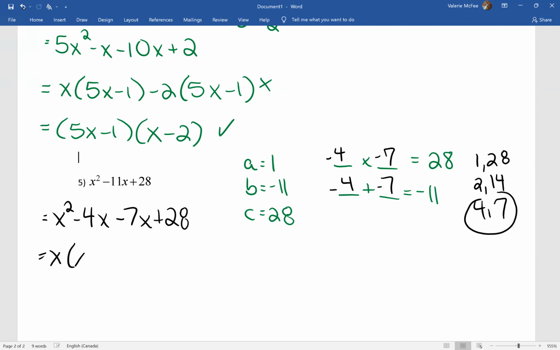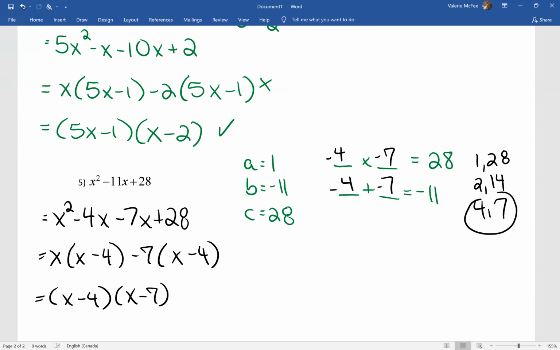X is common. Negative 7 is common. So we have x minus 4 times x minus 7.